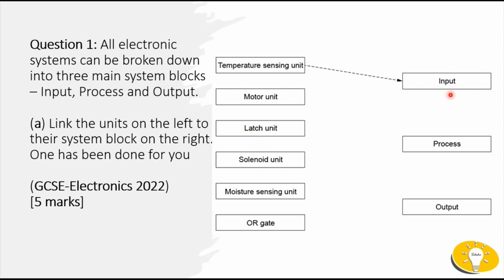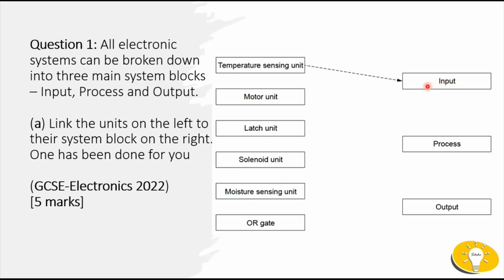You will have to match them, and tell if those units are input, output, or processor units. This question may be a match the following, or you may get it as fill in the blanks.